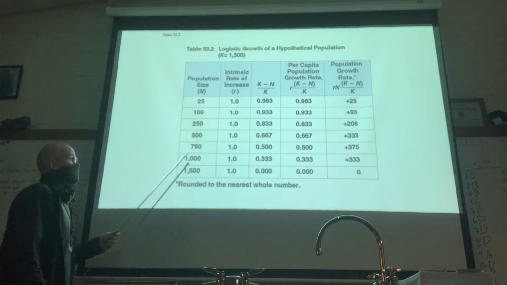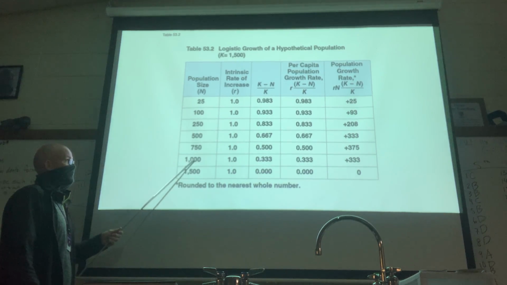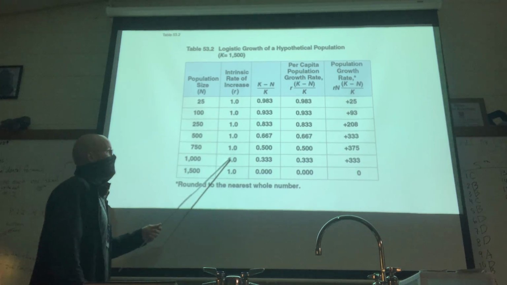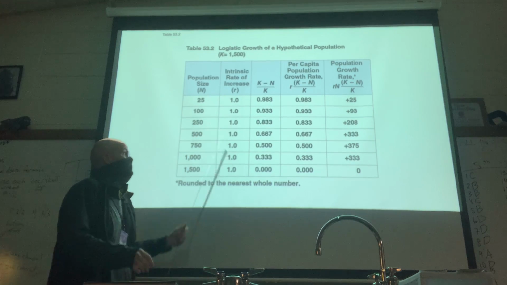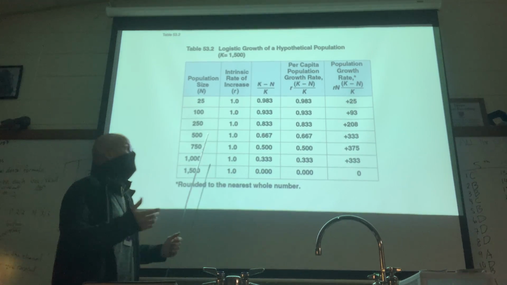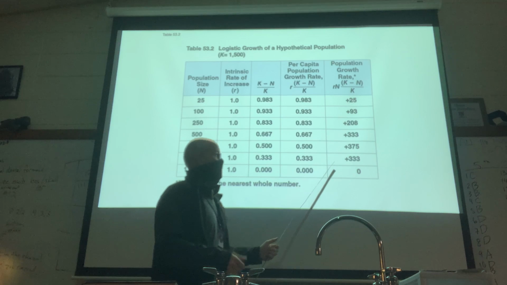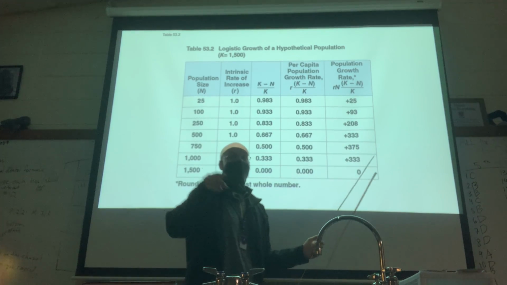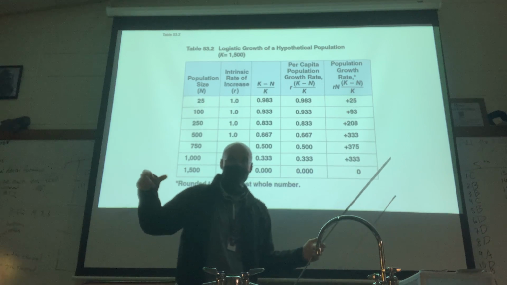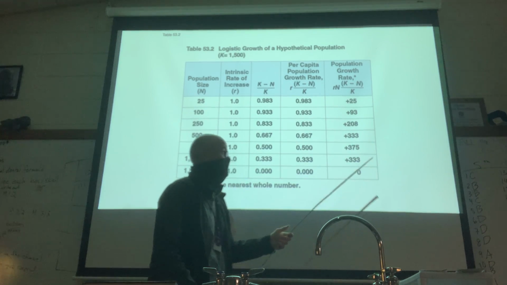So if you have, say in this example, 1,000, actually we can go back to some real numbers. If you have something like 1,000 individuals and you know the growth rate and you know the carrying capacity, well, those are the only three variables you need. When you plug them into the equation, you'll get how many individuals you're adding to the population during that period of time.